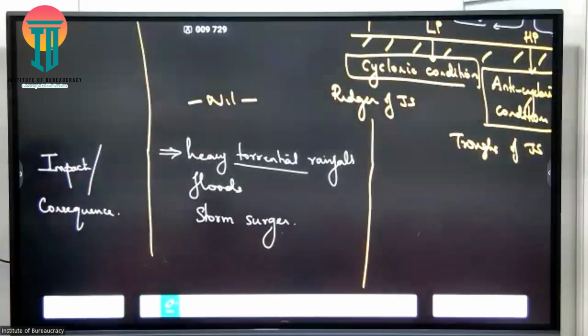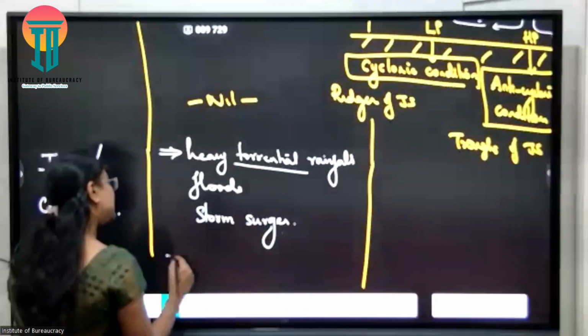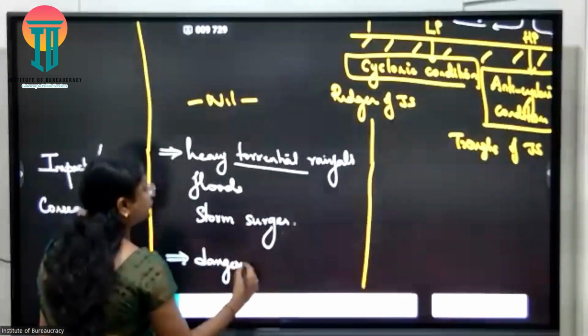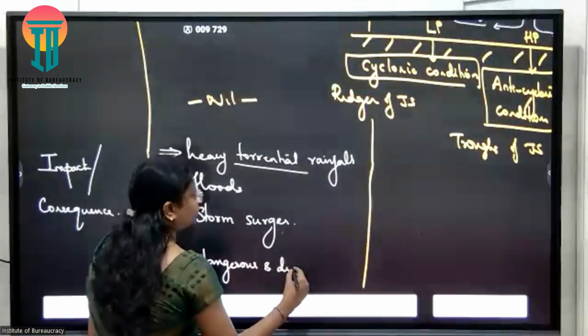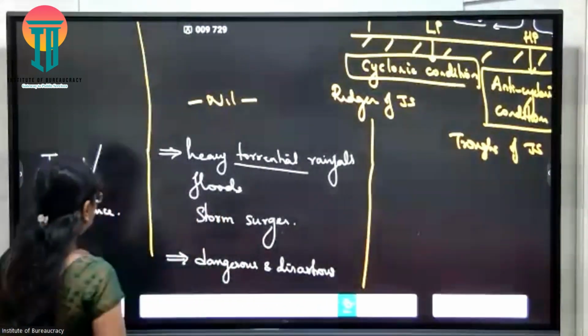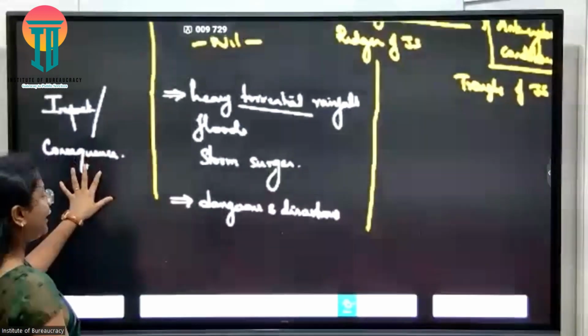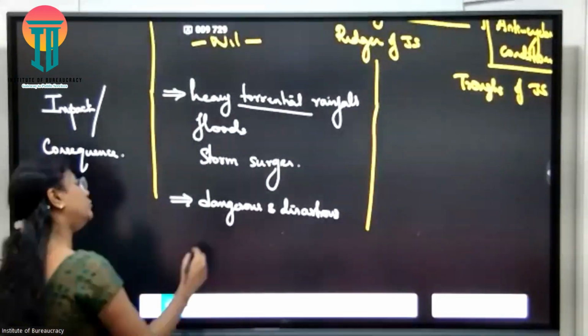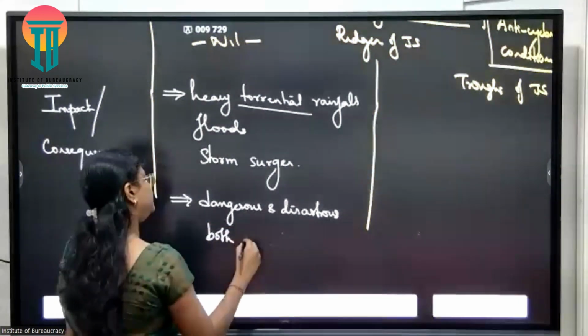Yeah, heavy rainfall. So in human aspects and economic aspects, it is more dangerous and disastrous, especially for life and properties. Infrastructure is also affected. So both life and property.